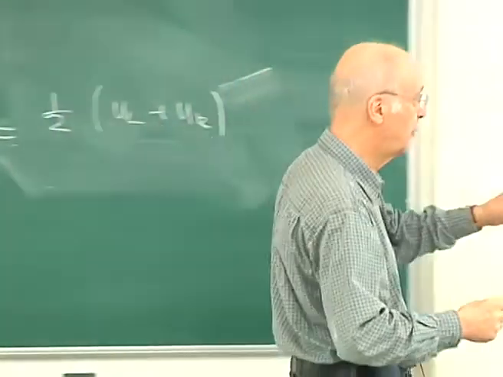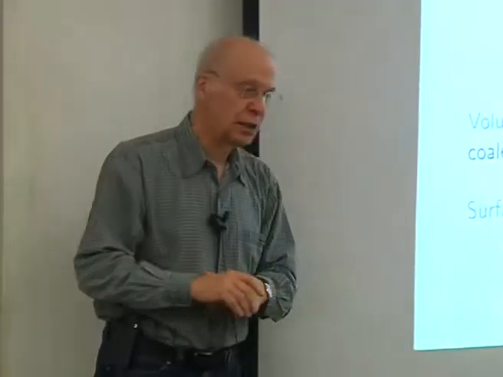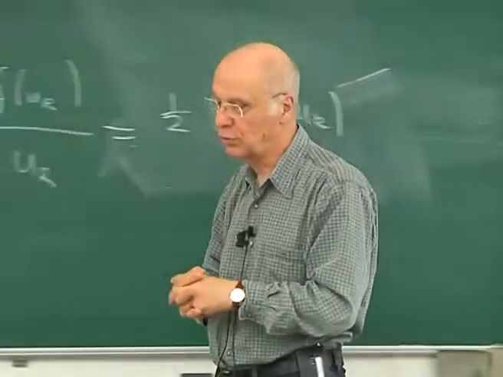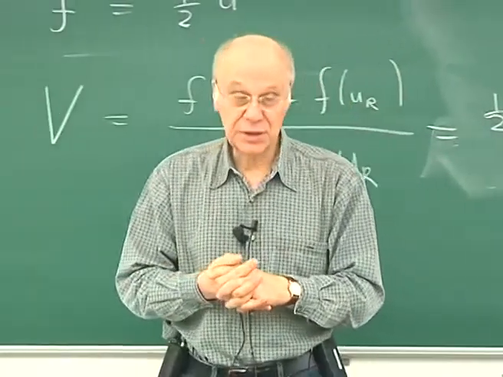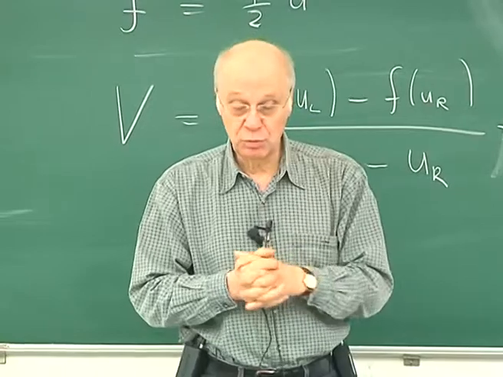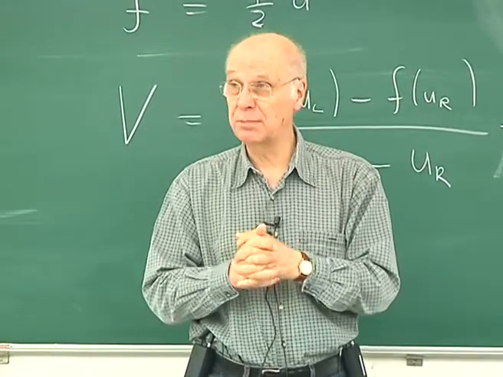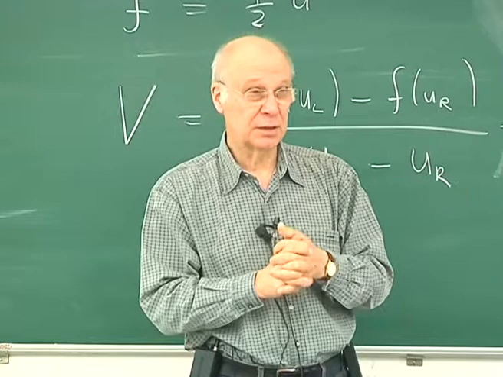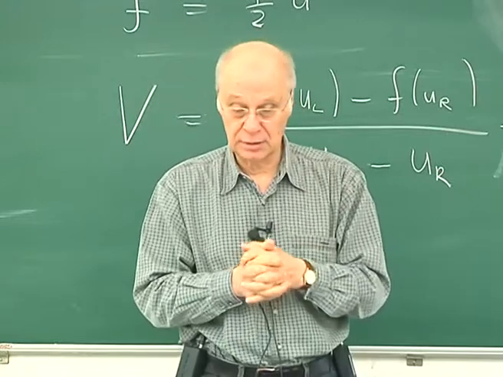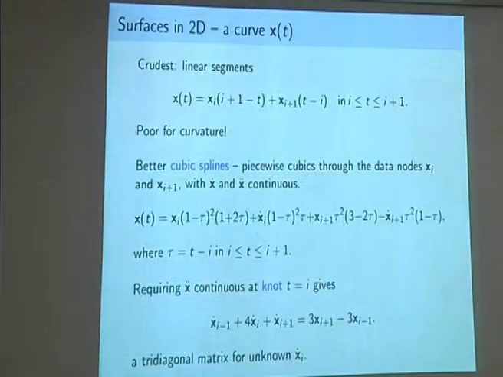However, marking the surface is much better if you have surface tension, capillary forces. You can work out the curvature of the surface much better if you've marked the surface compared with marking the volume.